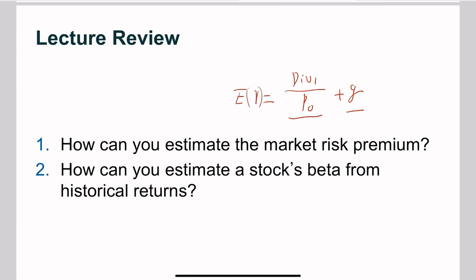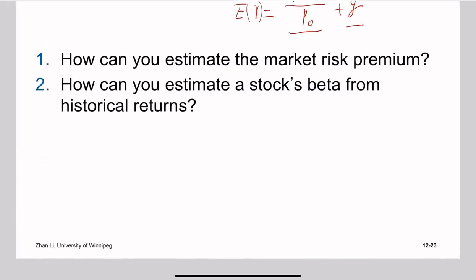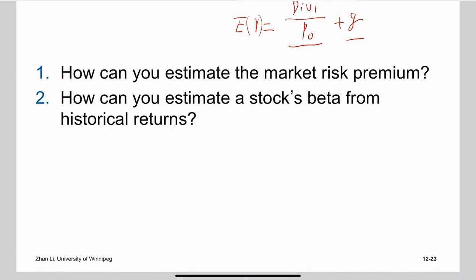And so using this linear regression, we could fit a line which is called the security characteristic line. And the slope of that line is beta, right? Okay, that's great. Now let's move on to the fourth chapter.